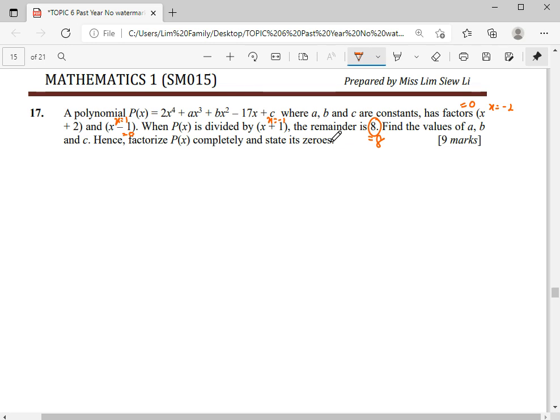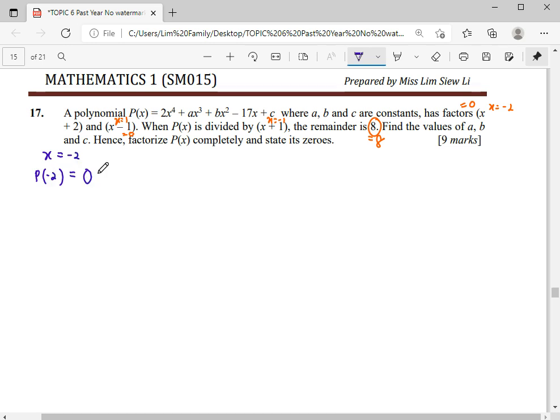Okay, so first of all, we write our theorems. The first theorem here is the factor theorem where x equals negative 2. So we substitute, when our divisor is x plus 2, the value will be x equals negative 2. Substitute into the polynomial. Because it is a factor, it will equal 0. Because they said this divisor is a factor, we let it equal 0.